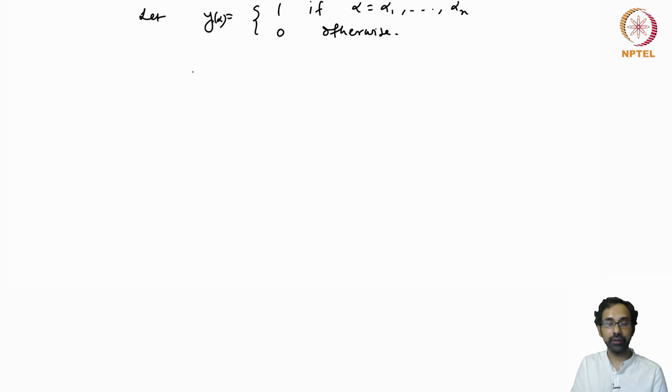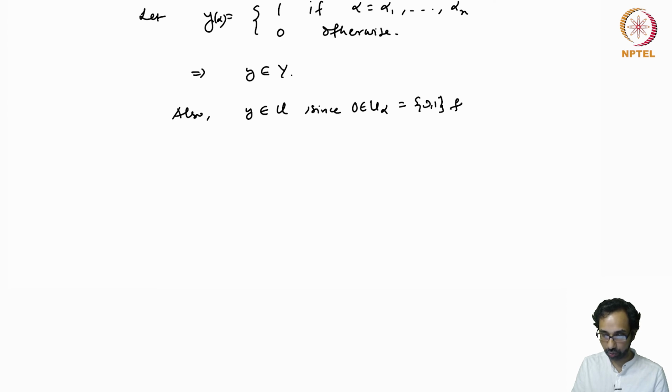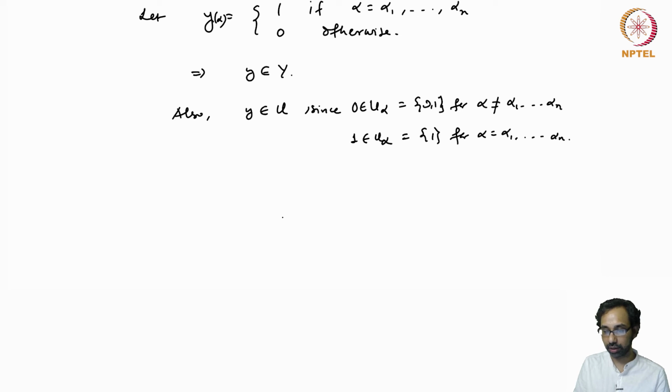Now note that we have only finitely many ones, and therefore y belongs to our space Y, and also y belongs to U, since 0 belongs to U alpha, which was 0 for alpha not in the set alpha 1 to alpha n, and 1 belongs to U alpha, which is 1 for alpha in this index set alpha 1 to alpha n.